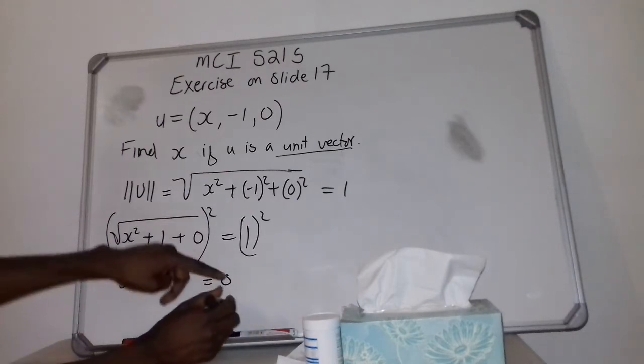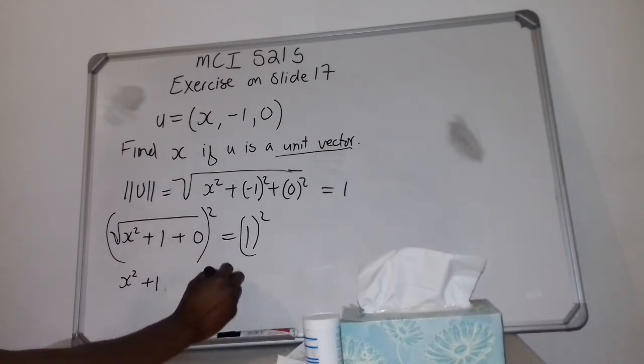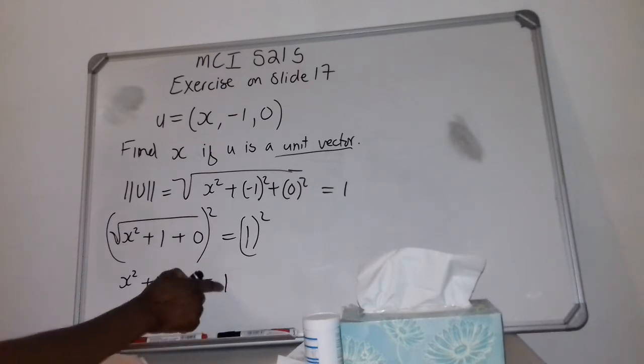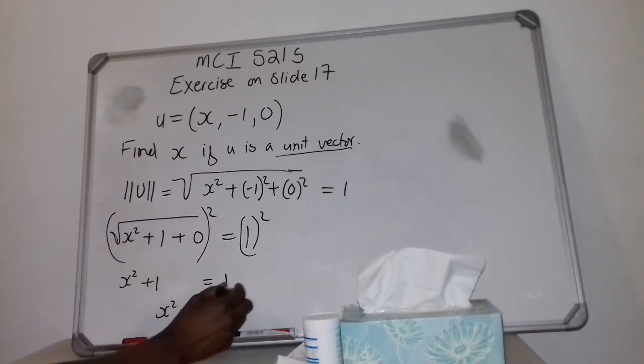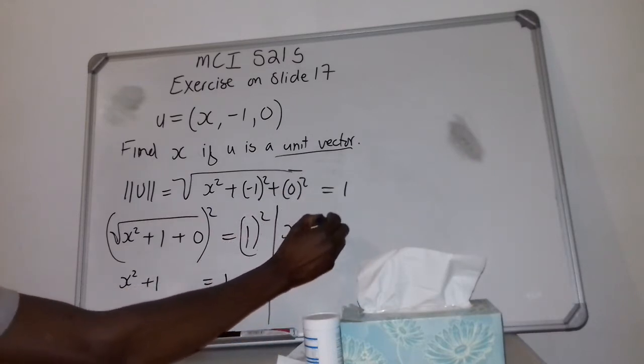Then I can take this to the other side. Sorry, this is not 0, this is 1. So 1 squared is just 1, and if I take it to the other side I get x squared is equal to 1 minus 1, and then I end up with x squared is equal to 0.